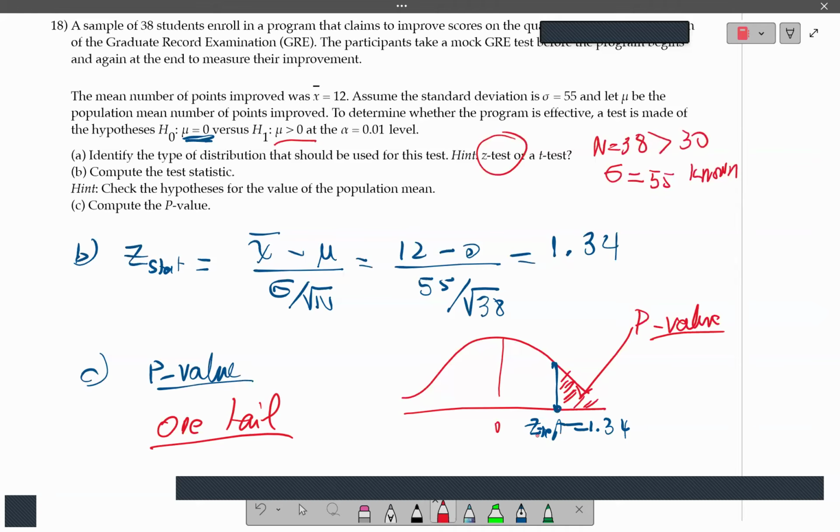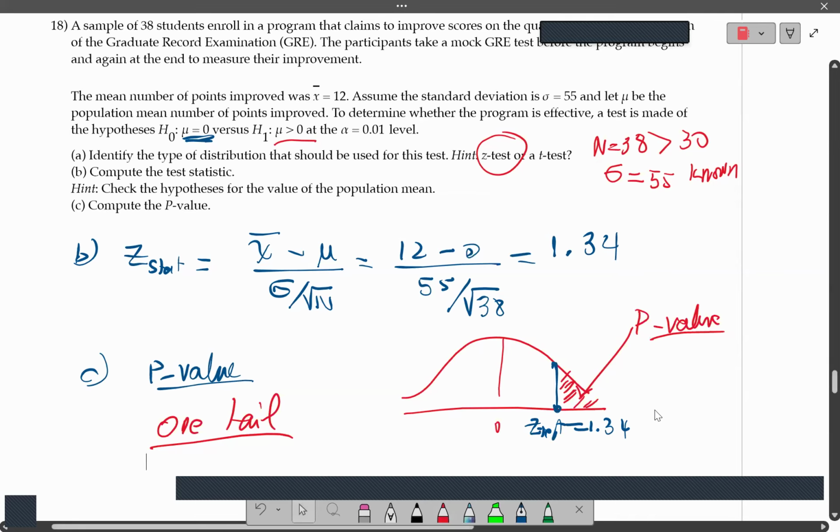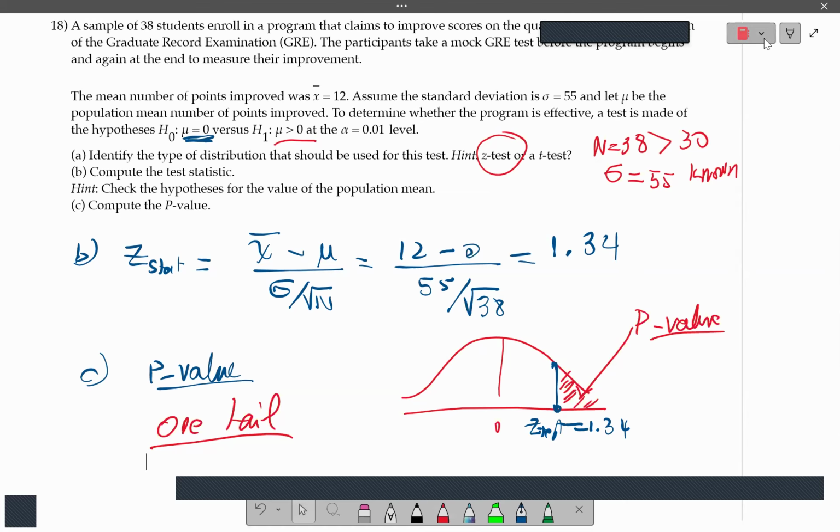How can I get it? Again, I need my z table. Big tail or small tail? Small tail. All right, so I need to grab the z table again.